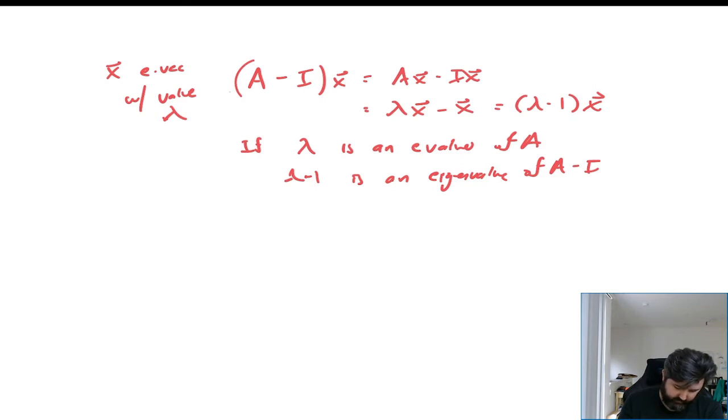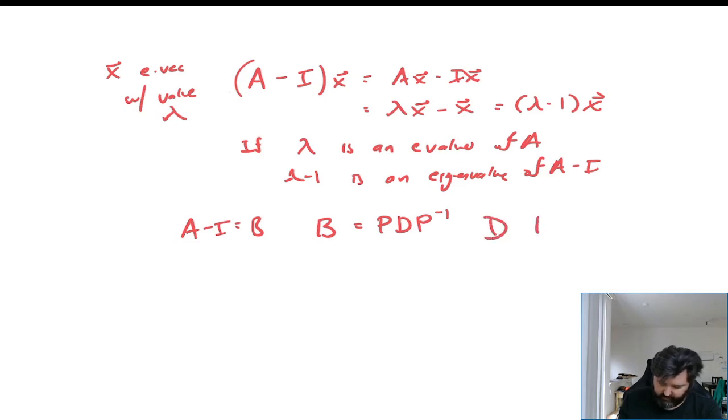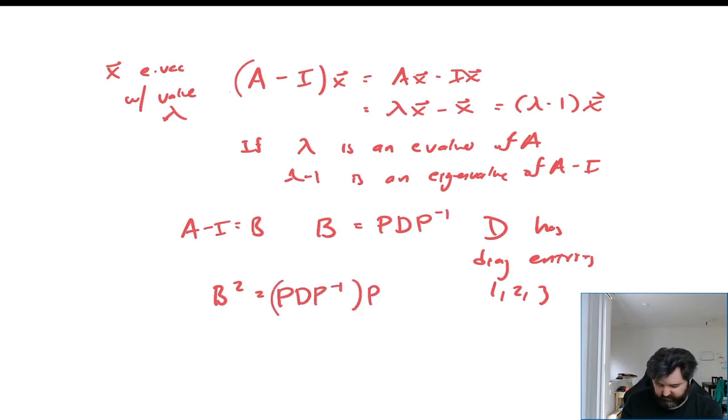And then in this problem, if I call A minus I just B, B equals PDP inverse, where D has diagonal entries 1, 2, and 3, right? So B squared would be equal to PDP inverse times PDP inverse, which of course is just PD squared P inverse.